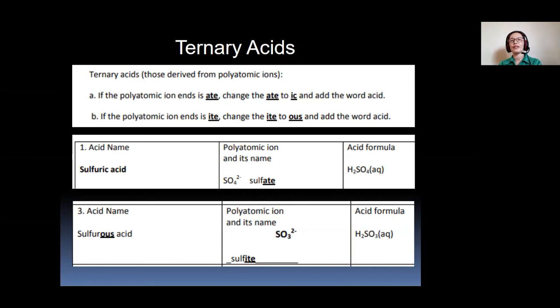So here, you see that the word hydro is not incorporated. Okay? So, ATE ending, change it to IC, then add the word acid. ITE ending of the polyatomic ion, change that to OUS, and then add the word acid. So, it's sulfuric acid, sulfurous acid.